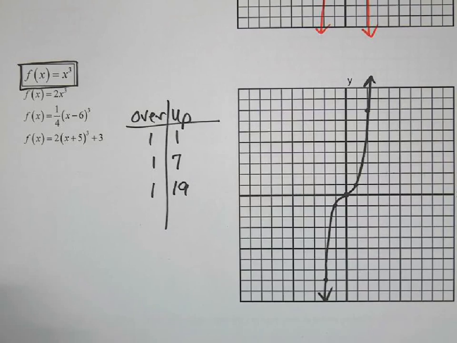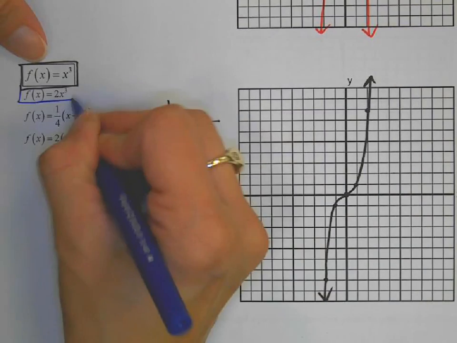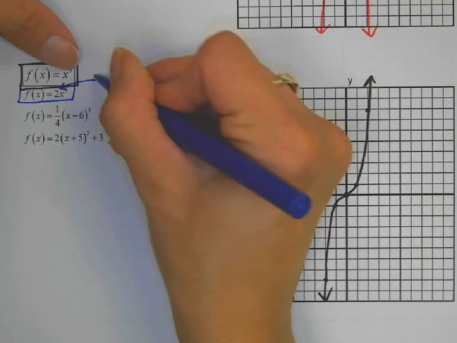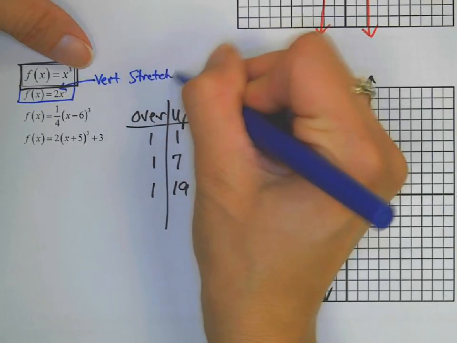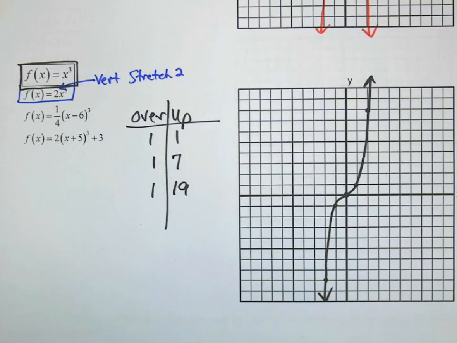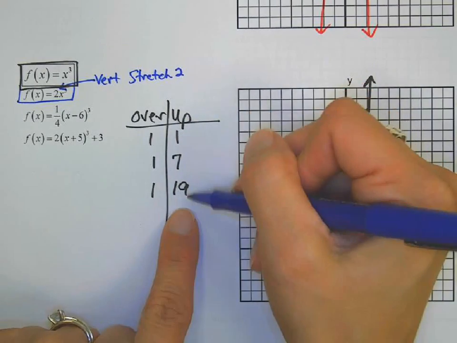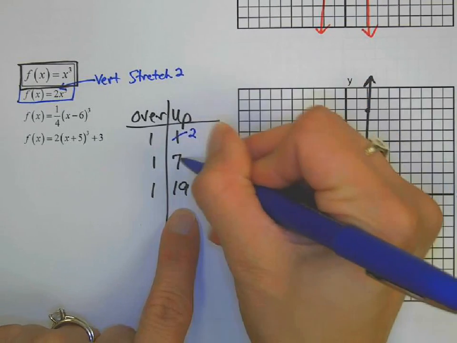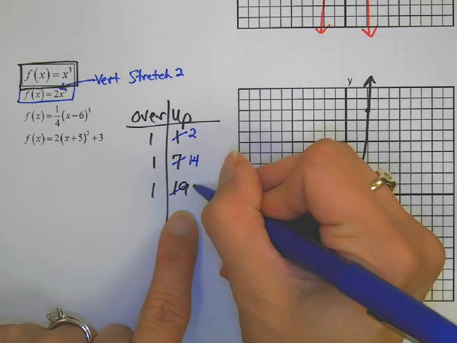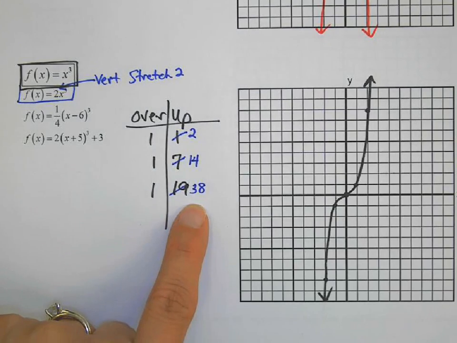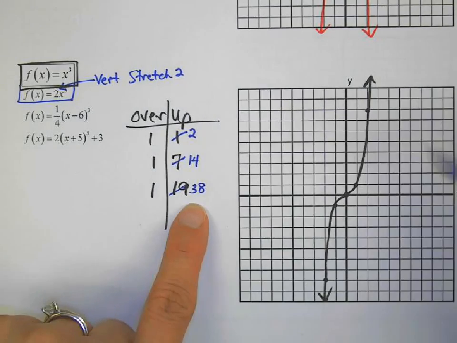Okay, let's do some transformations now. This first graph, I see a 2 out in front. That means vertical stretch by 2. Alright, the vertical numbers are the up numbers. We're going to multiply them all by 2 to get 2, 14, and 38. I don't think that's going to fit, but good to know.